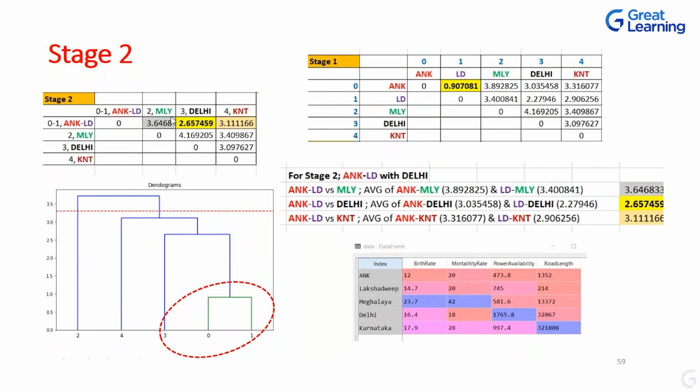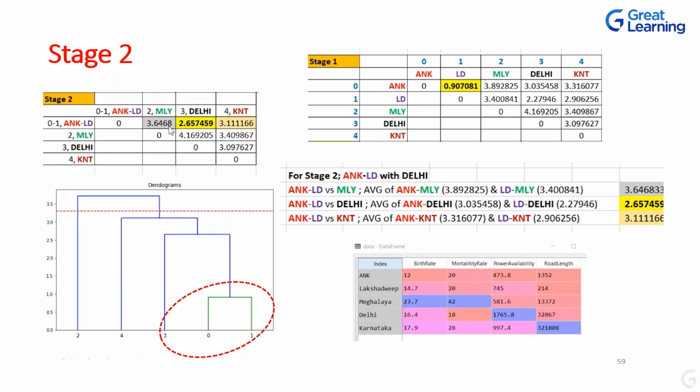Second stage. Now we need to reconstruct the table. The first construction was plain, their distances after scaling of the data, and here, as Andaman, Nicobar and Lakshadweep are now one cluster, they will be treated as one cluster, and their distances with Meghalaya, with Delhi and Karnataka are calculated. At present we are showing this demo via average linkage.